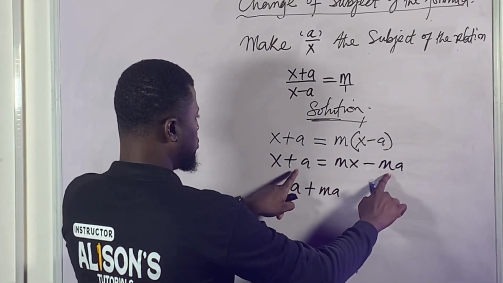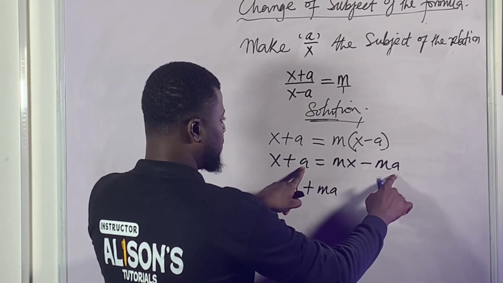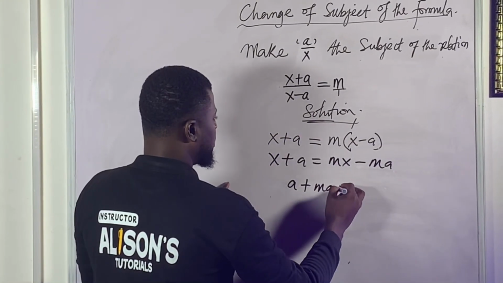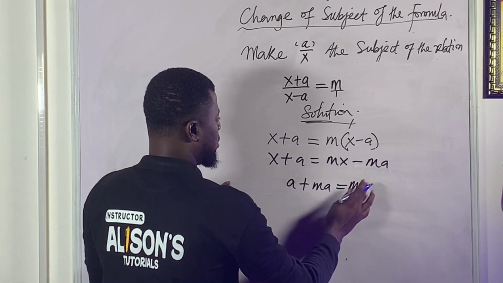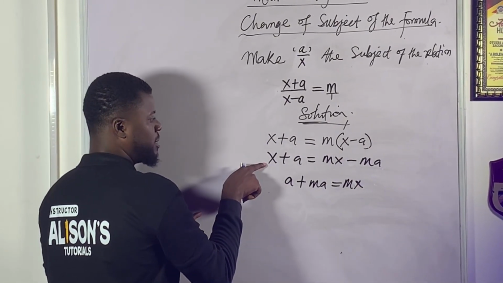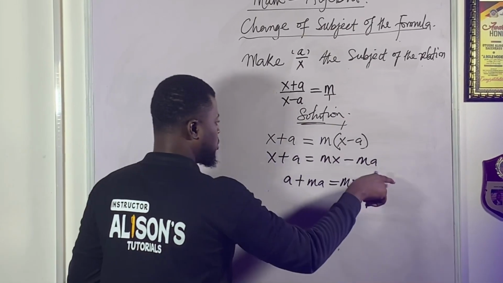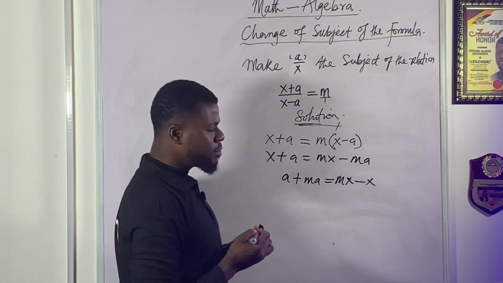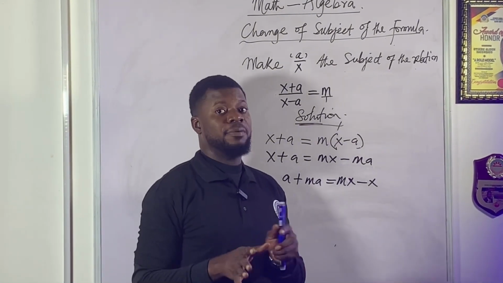We've tackled these two that contain e. These two contain x. So we say mx, and if this x, which is positive at this position, crosses over to this part, it changes to negative x.